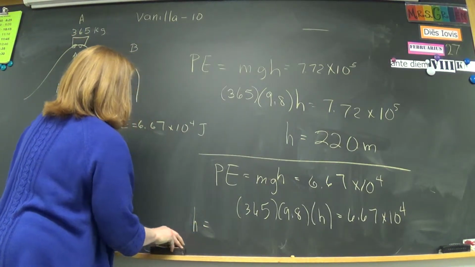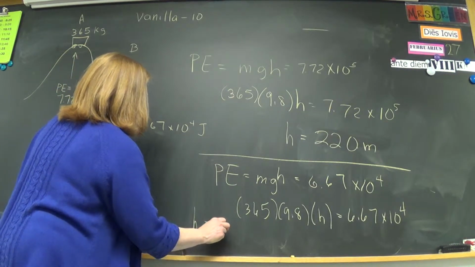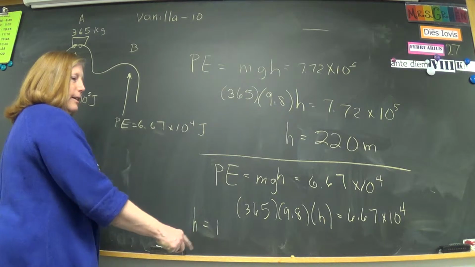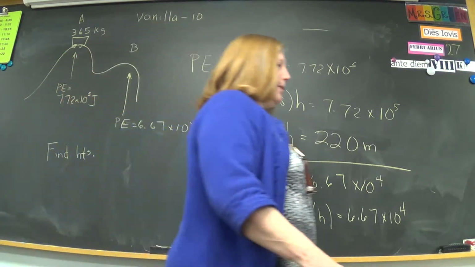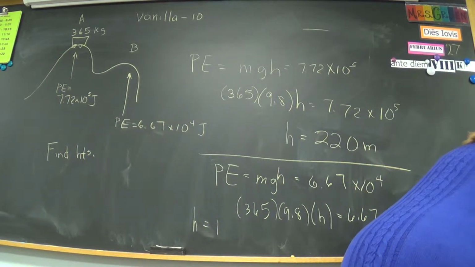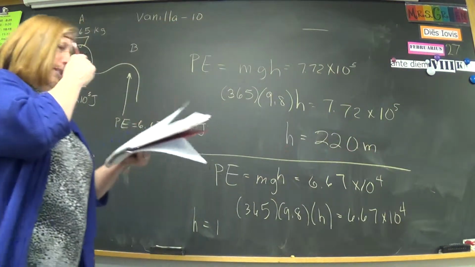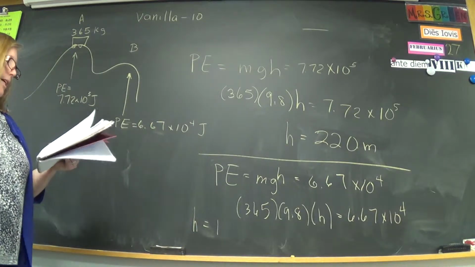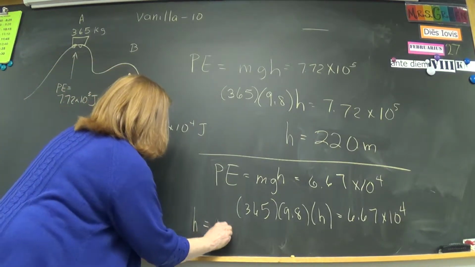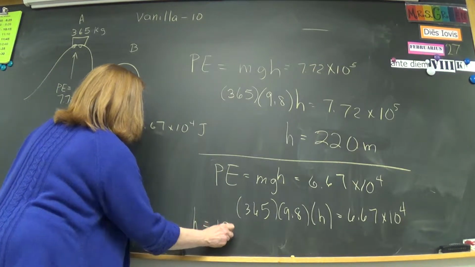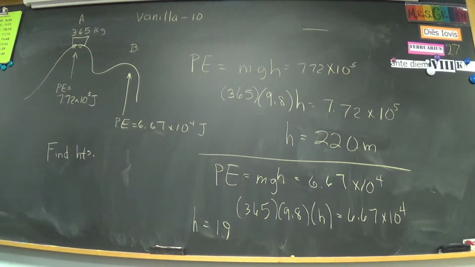I'm not sure if it's right, but I got 18.6 meters. All right. I rounded to 19. When you did this one, what was the calculation at that point? Let me see what I got. All right, you got 18.6, so I'm going to grab 19.